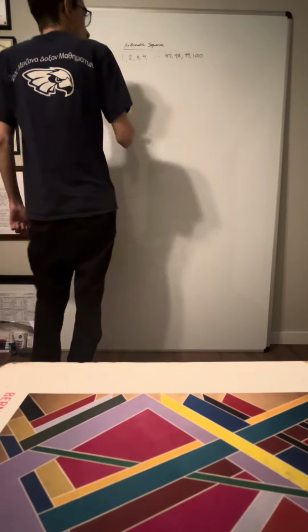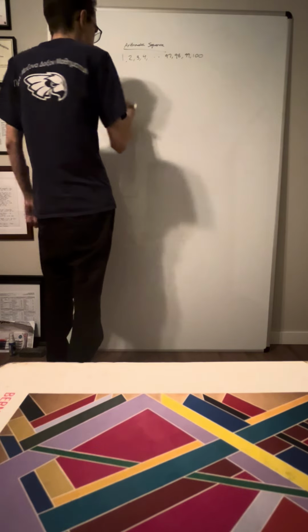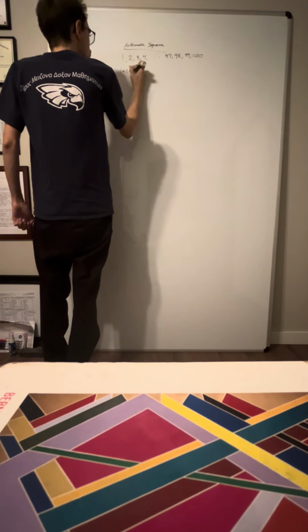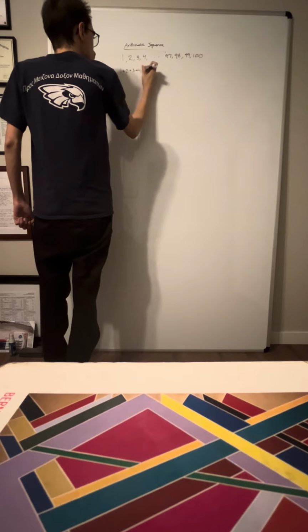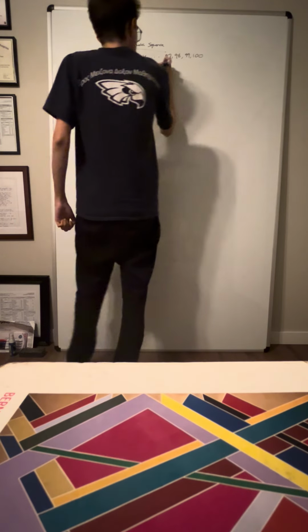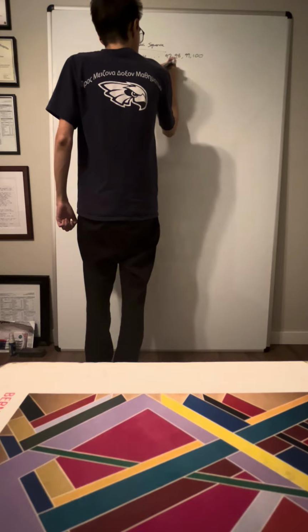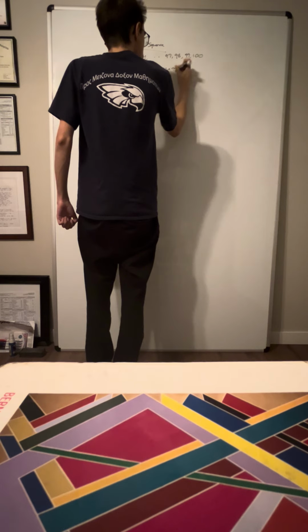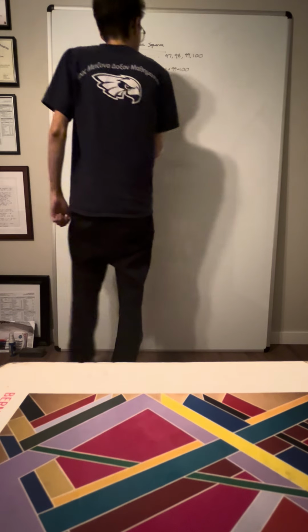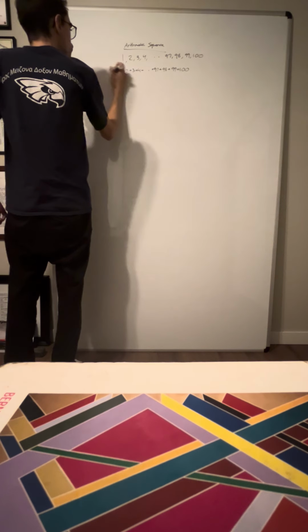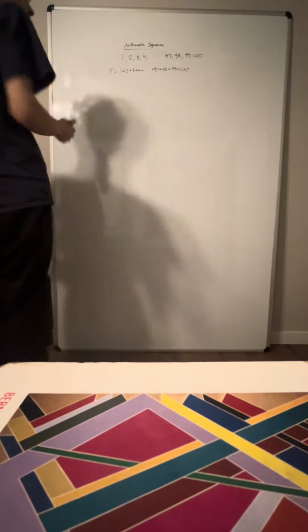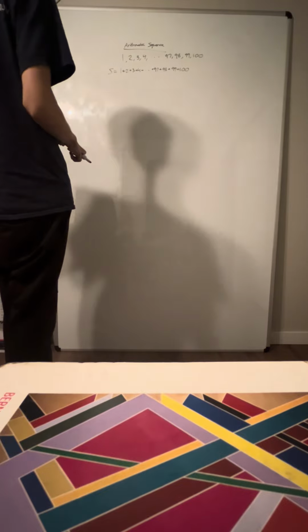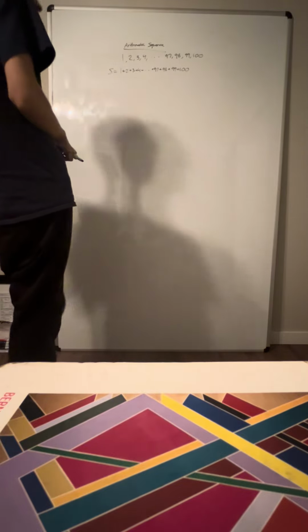And so the question at hand is, what do we get when we actually add all these up? So that's going to be the sum that we're trying to figure out.